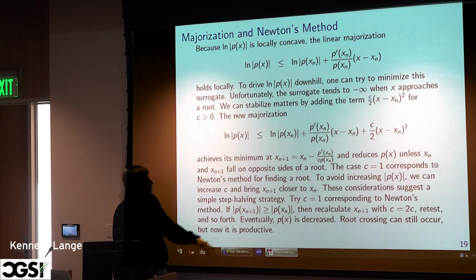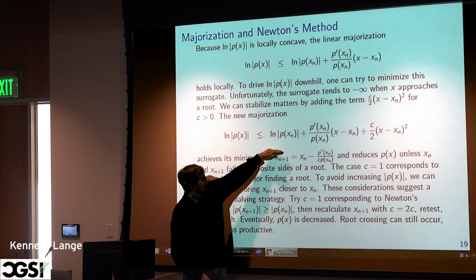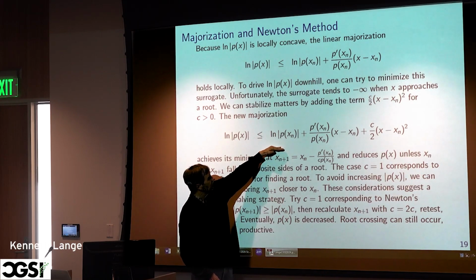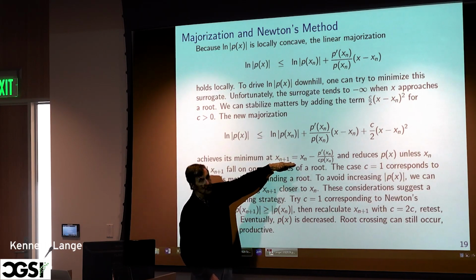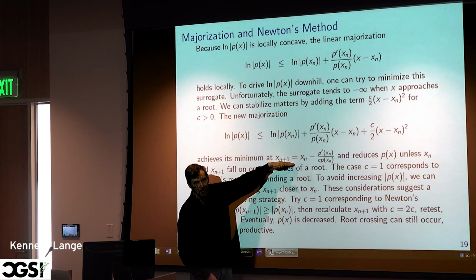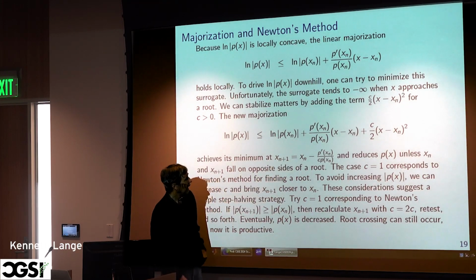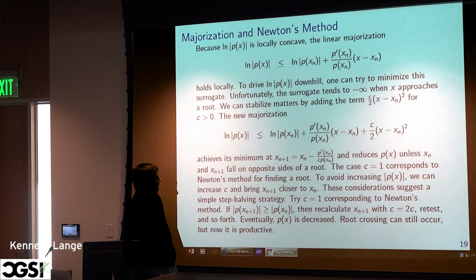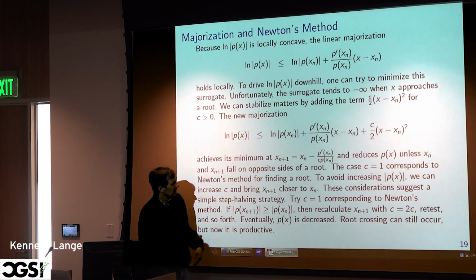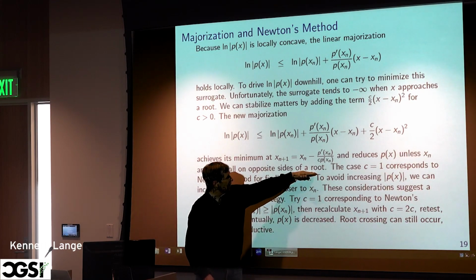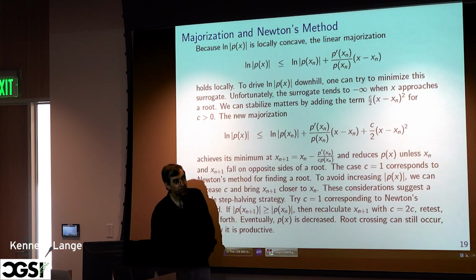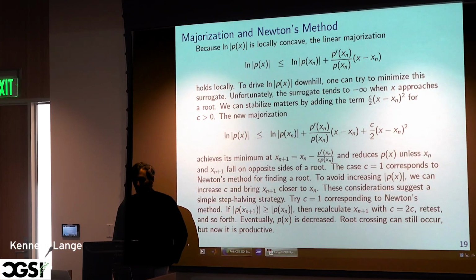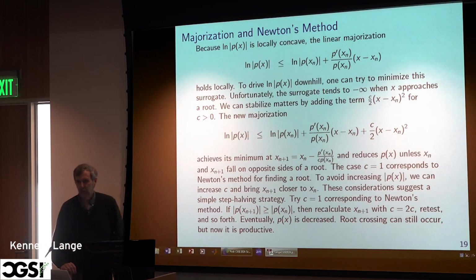And we can find the minimum, differentiate with respect to x here, and here's our update. If you think about it, the case c equals 1 is just Newton's method for finding a root of that polynomial.